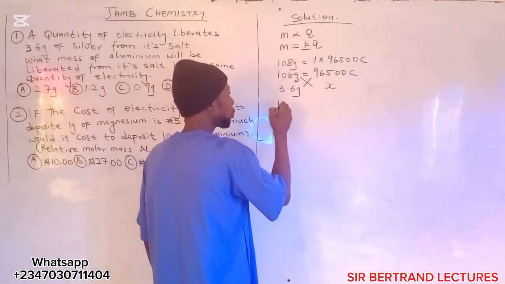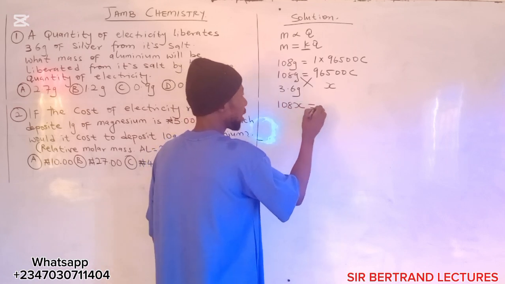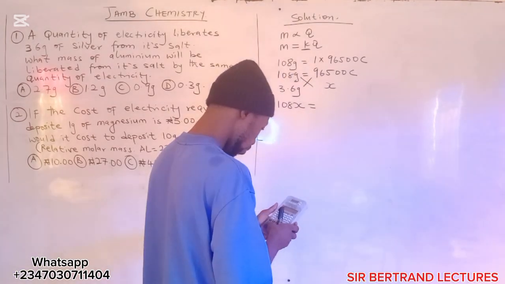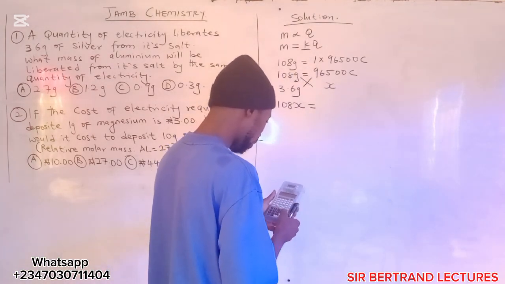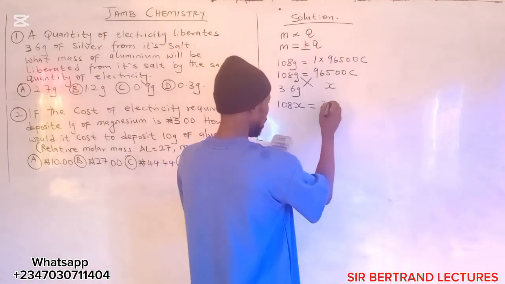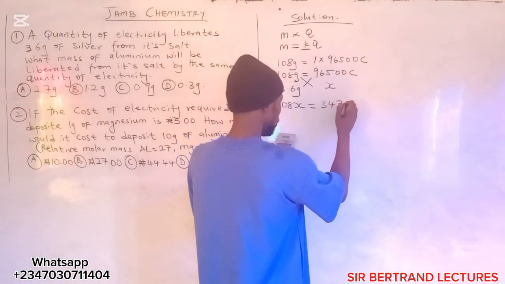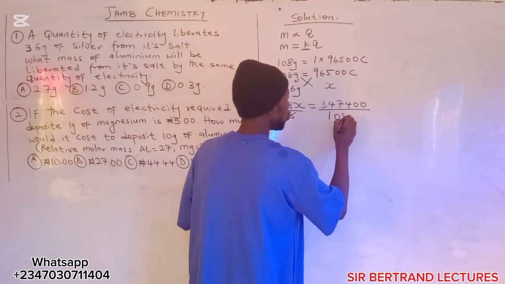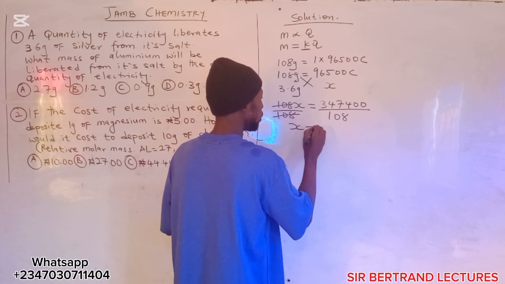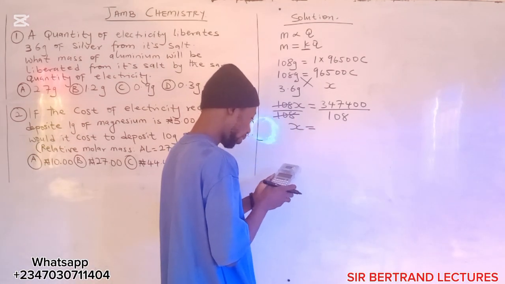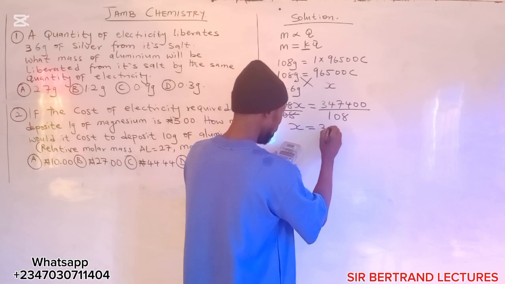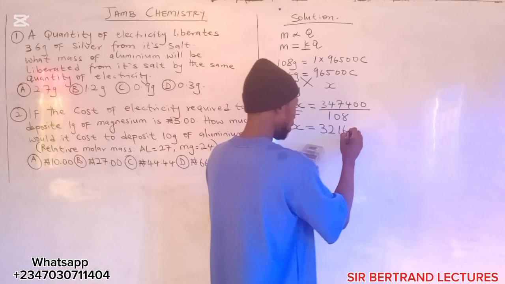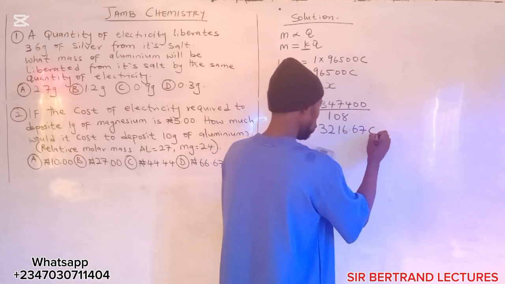This multiplied by this gives us 108x against 96500 multiplied by 3.6, which gives us 347,400. Then we divide both sides by 108, so the 108 cancels, and x becomes 347,400 divided by 108, which gives us 3216.67 coulombs.